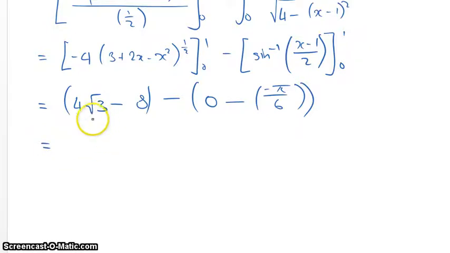And that, once simplified, becomes 24 root 3 minus 48 minus pi over 6.